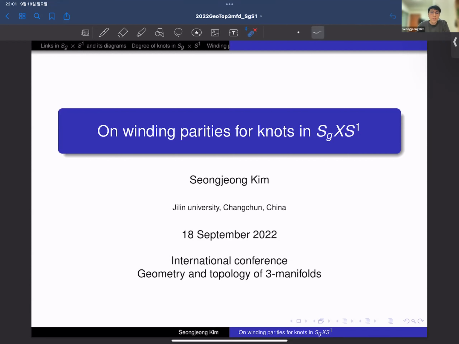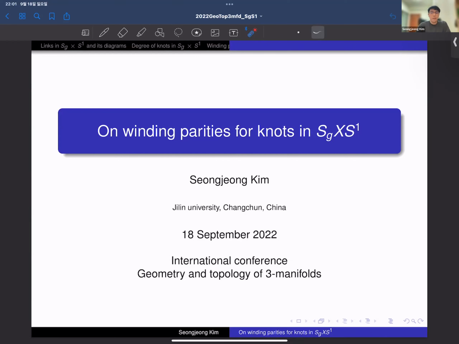Then by attaching the two boundaries, we get such three-manifolds and we can get knots in surface times S1. Of course, we may apply this to study classical knots and virtual knots, but in this talk we will focus on just knots in these three-manifolds.